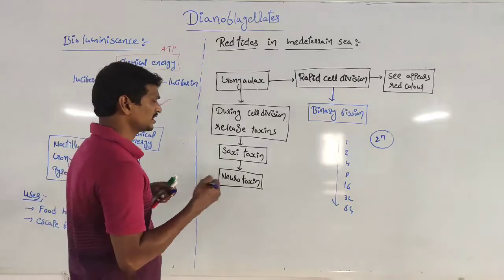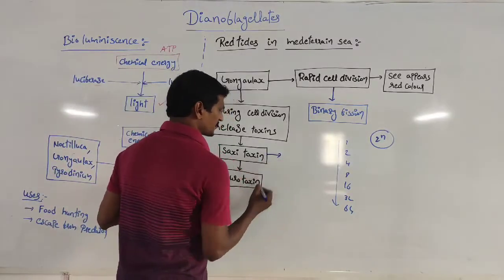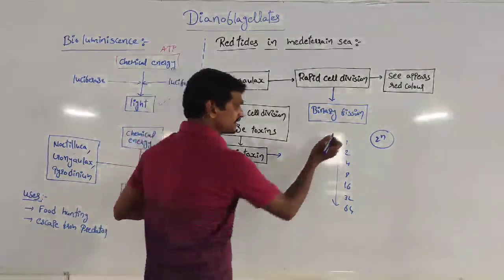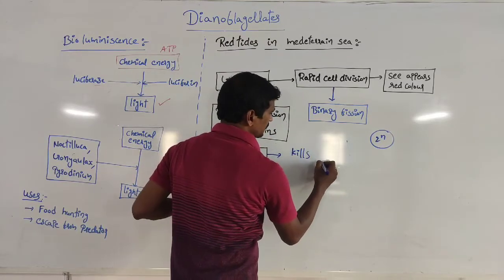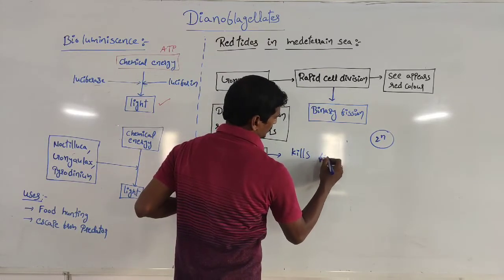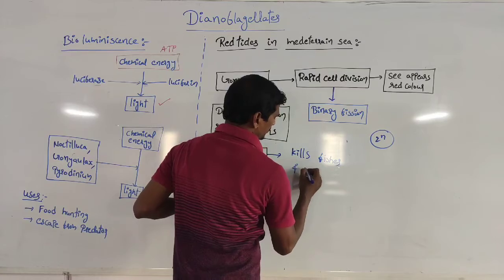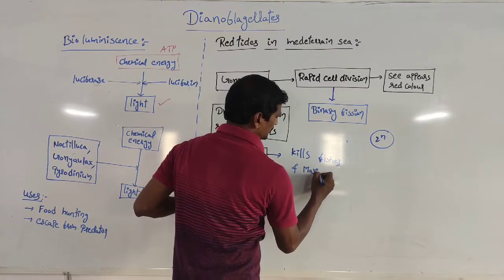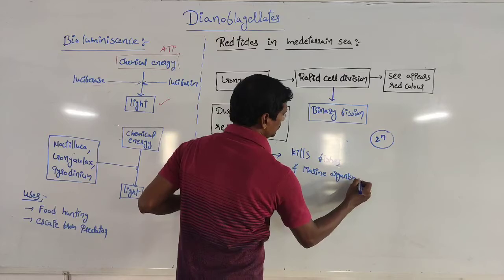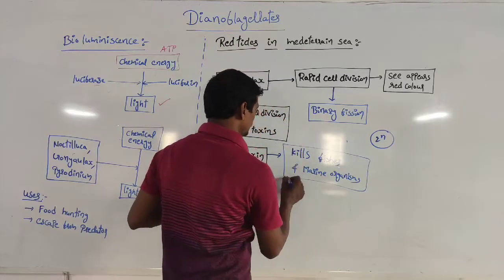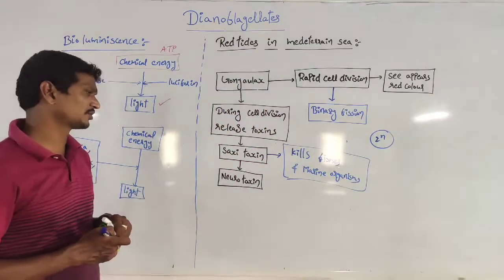The toxic compound is saxitoxin. The saxitoxin kills fishes and marine organisms. So that is about the saxitoxin.